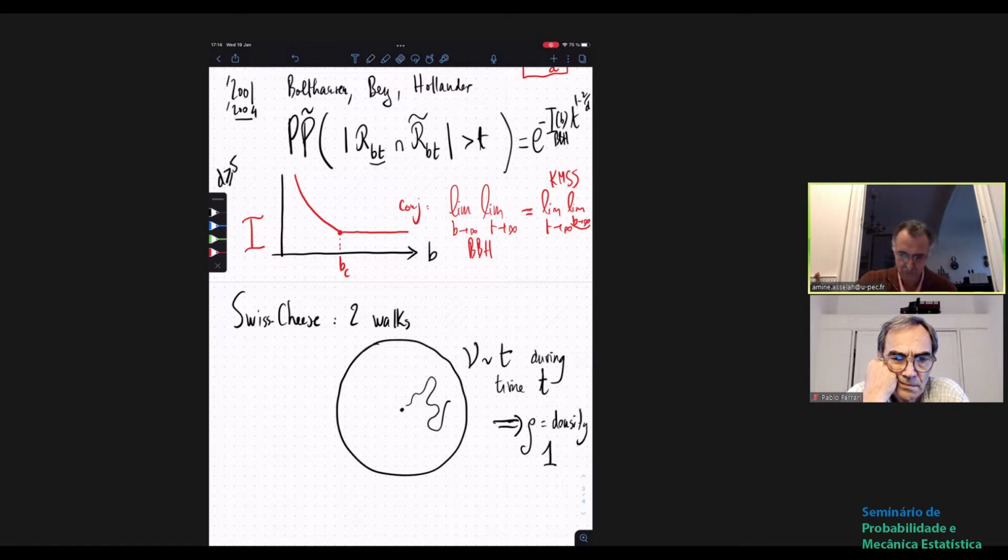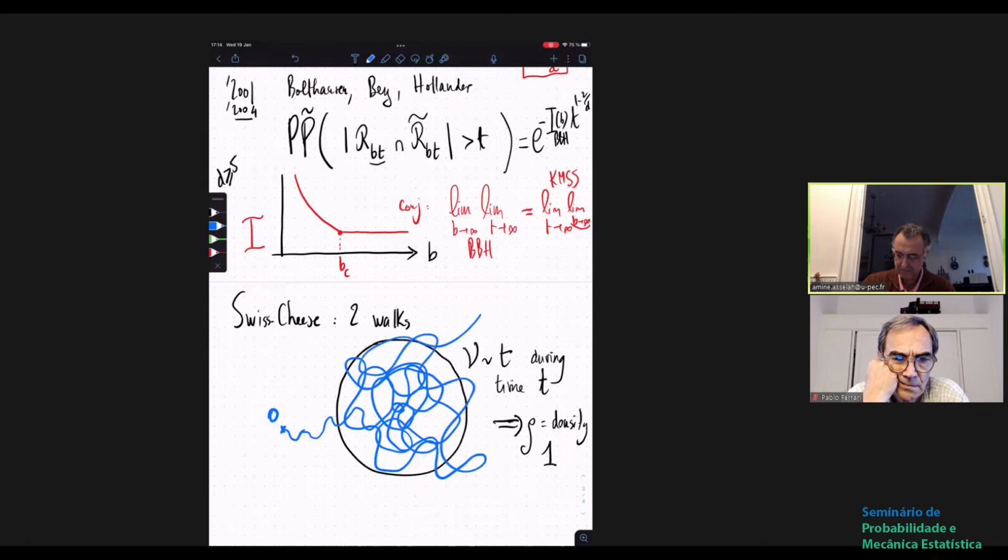So let me draw you the two walks. You start at 0. First one is here, and there is a center that no one controls, where the walk is going to localize enough time, so that the density approaches 1 inside this ball of radius T to the 1 over d, so that the volume is T. And the other walk is doing the same thing.